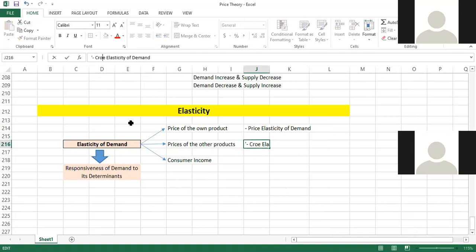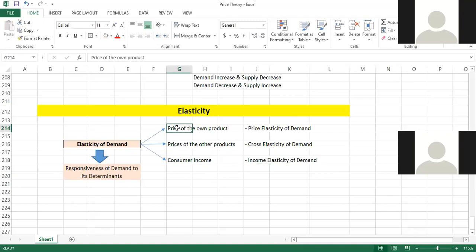And when we consider the consumer income, we call it income elasticity of demand. So the elasticity of demand is mainly analyzed with respect to these key factors, right?